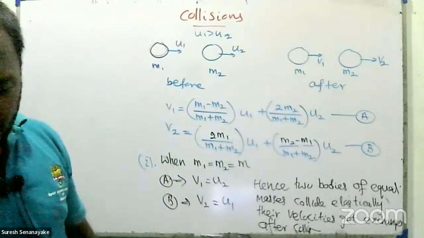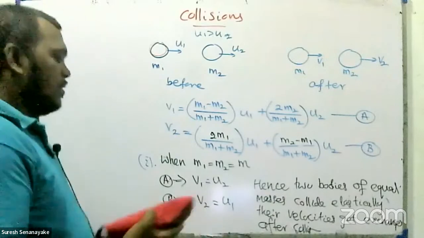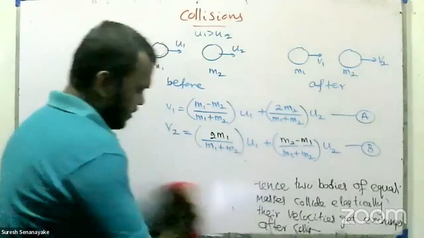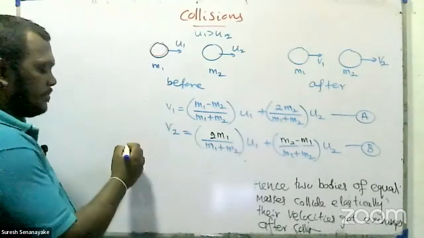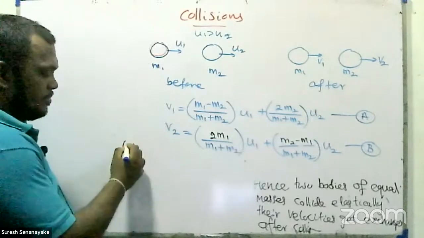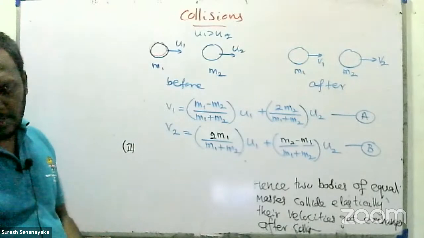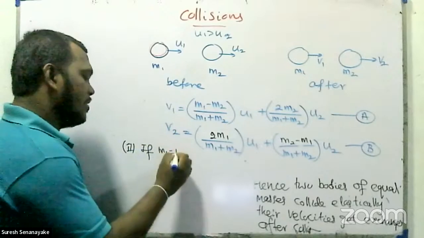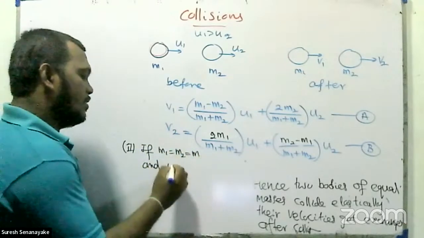Then I'll erase this one, right? Now the second case. Let's see, the masses are equal, so m1 equals m2, that is m1 over m2 equals 1, and u2 is 0.